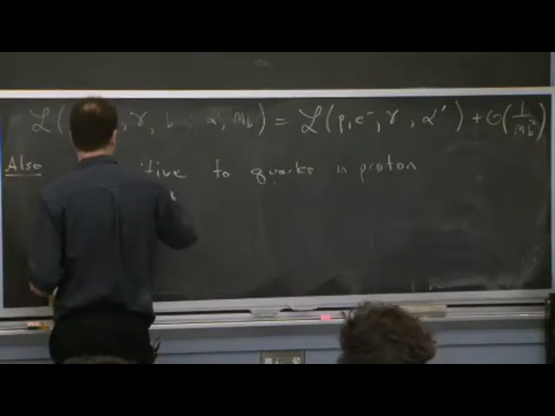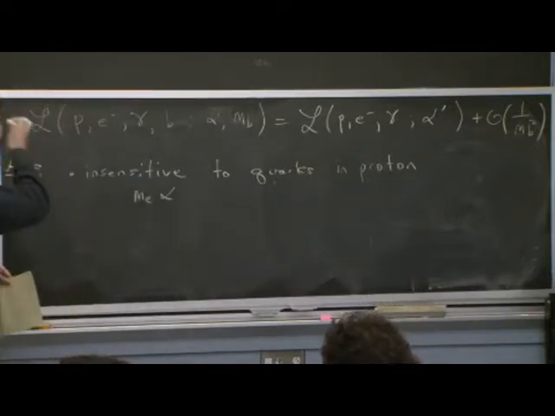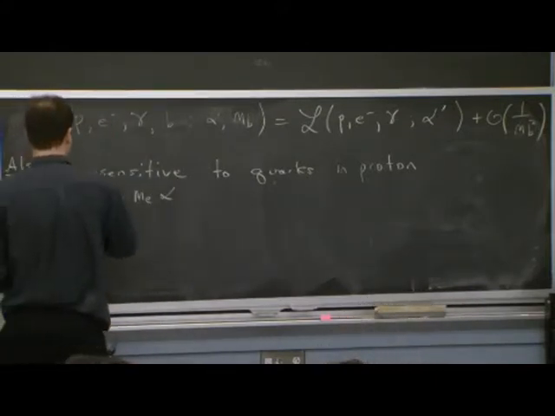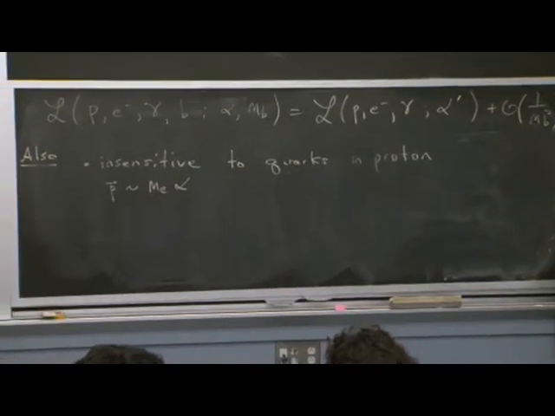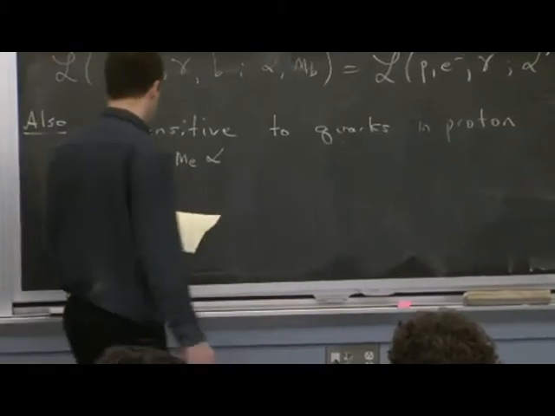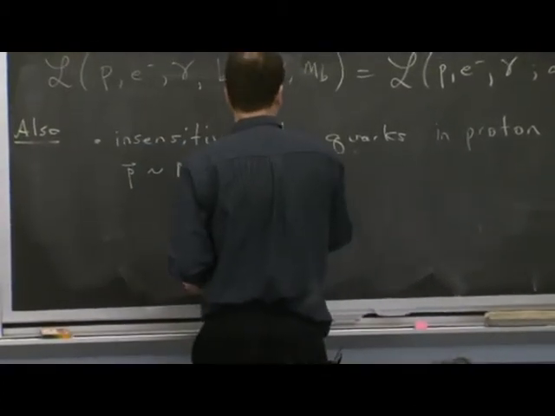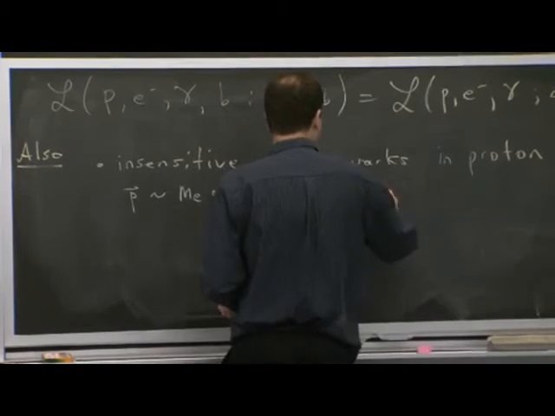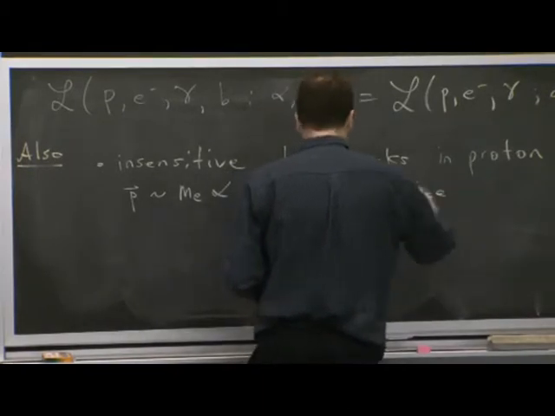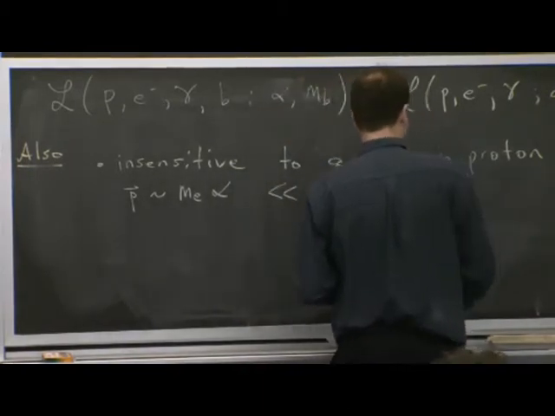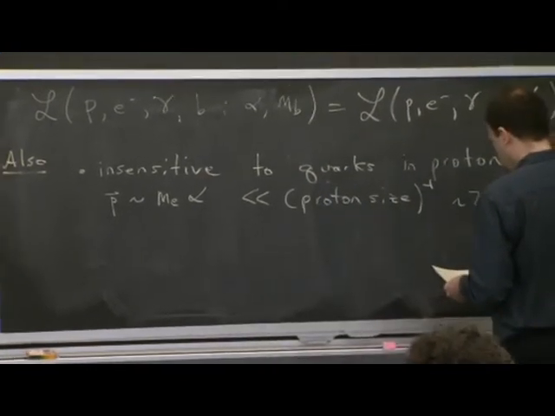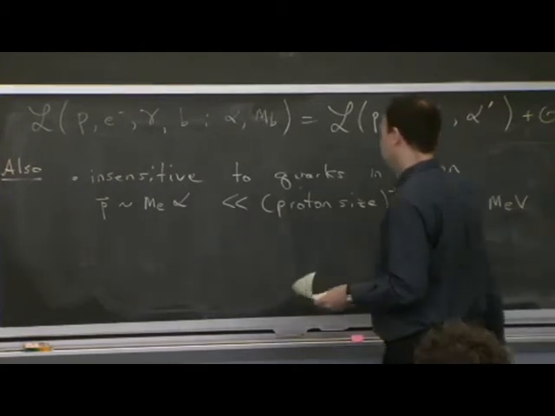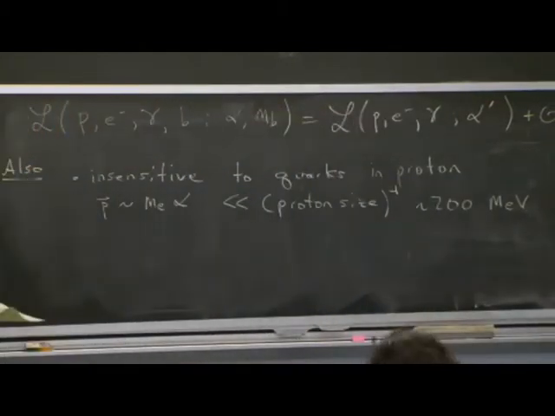The reason is that if you think about the typical momentum transfer in hydrogen, the three-momentum transfer is of order the mass of the electron times the fine structure constant. And that's much less than the proton size. So the typical photons that are involved in binding together the hydrogen atom just have much lower energy. And they can't see inside the proton, they just see it as one overall object, and so we don't need to know about the quarks inside the proton.